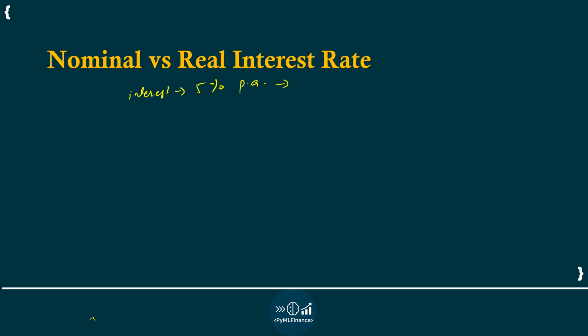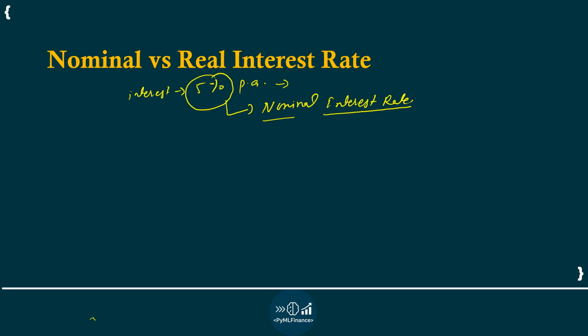Now this 5% interest rate is called the nominal interest rate. The banker has specified a certain interest rate to give you on the deposit, and that interest rate is known as the nominal interest rate.